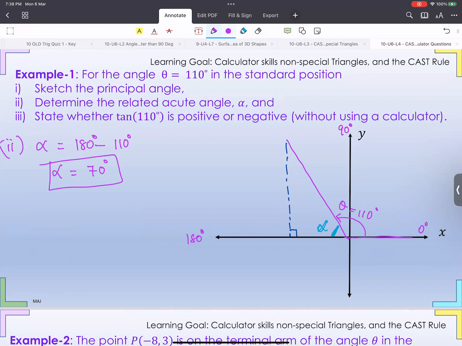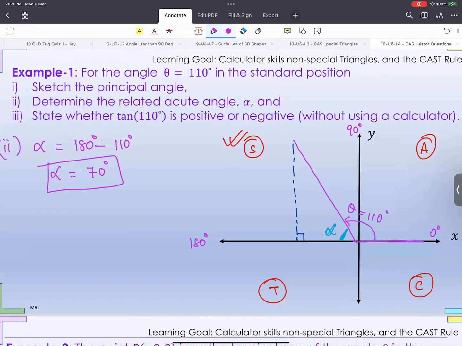Done. The third part, state. Okay, now when they say state, they're not asking for justification, explanation, any working out. So just state whether tan 110 is positive or negative without using a calculator. So all we're going to do is fall back on the CAST rule. Only sine is positive here, only tan is positive here, and only cos is positive here. Since the terminal arm is in the second quadrant, only sine is positive, and therefore tan is going to be negative.